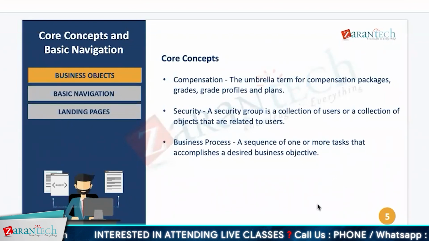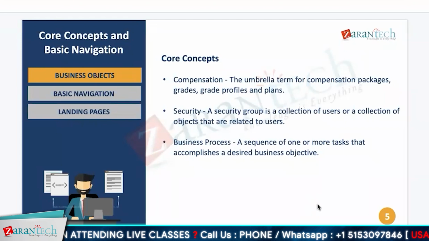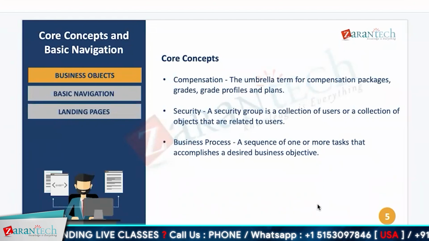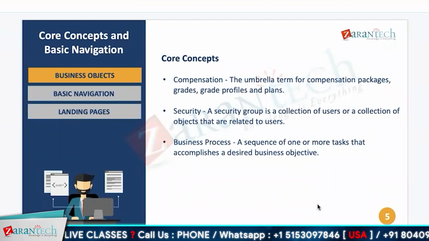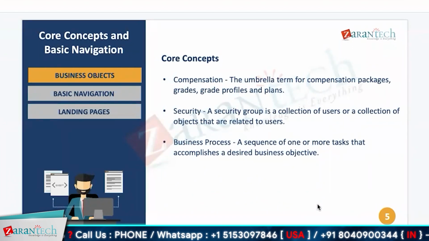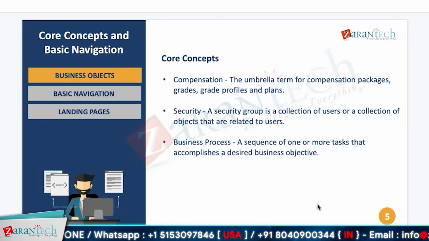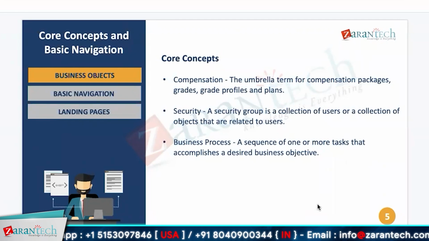And then there is a business process. A business process is a collection of one or more tasks that is basically targeting a desired business objective. For example, a hire process can be an example of a business process.